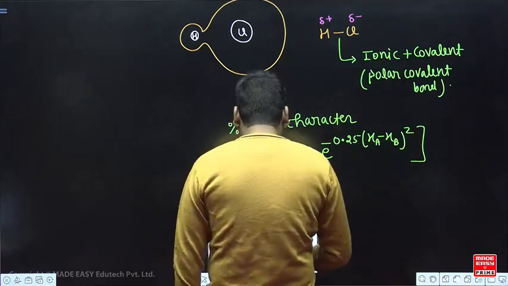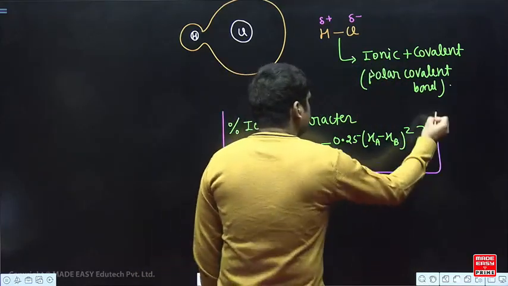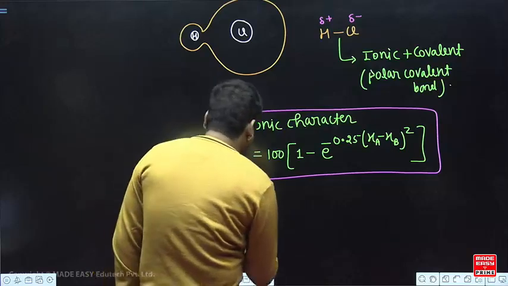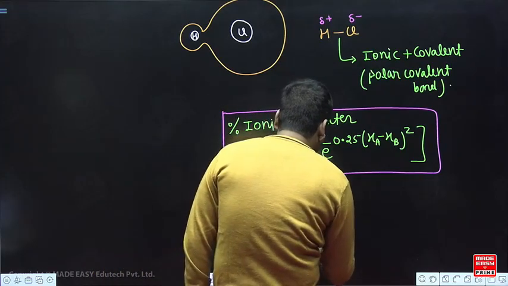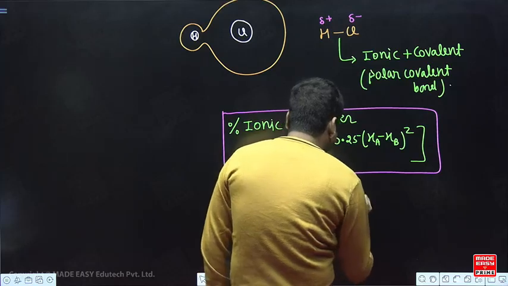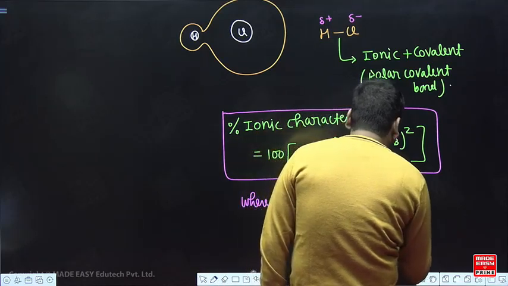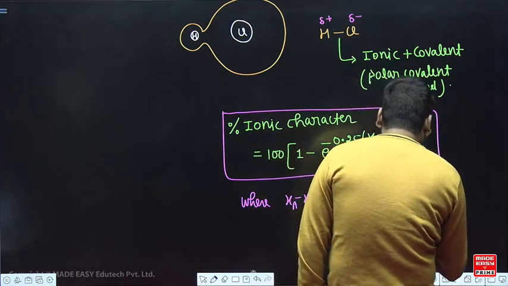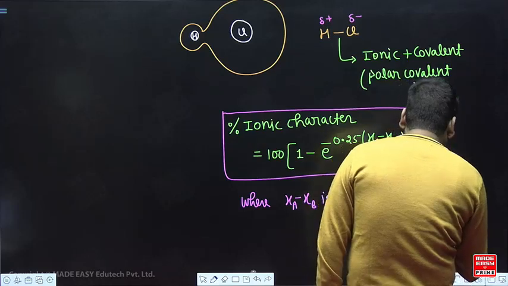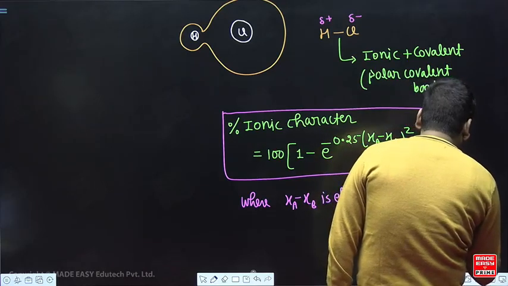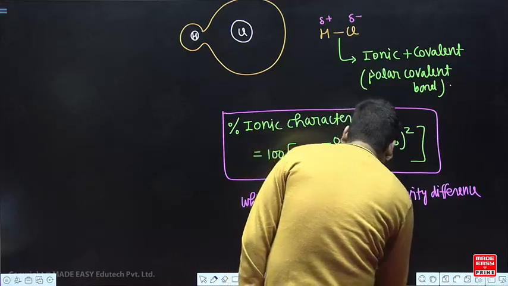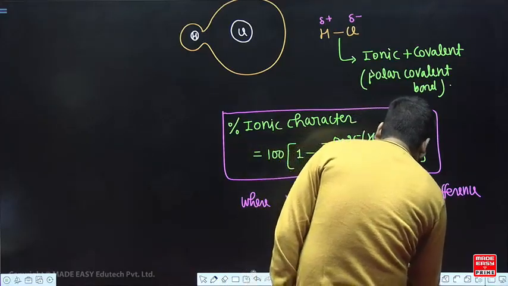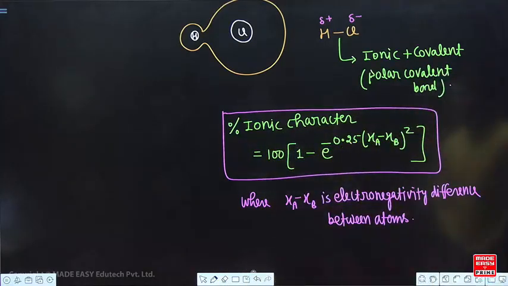This is the percentage ionic character, where xA minus xB is the electronegativity difference between the atoms.